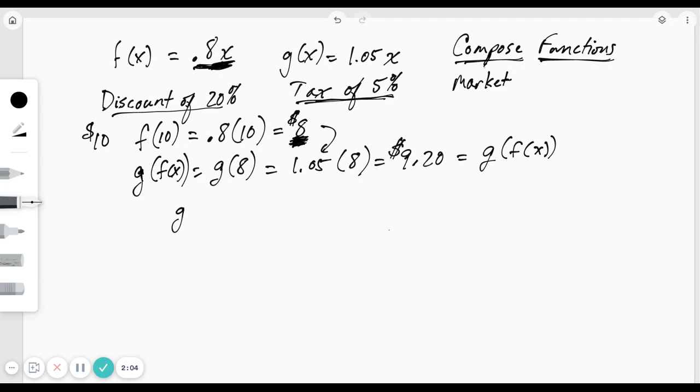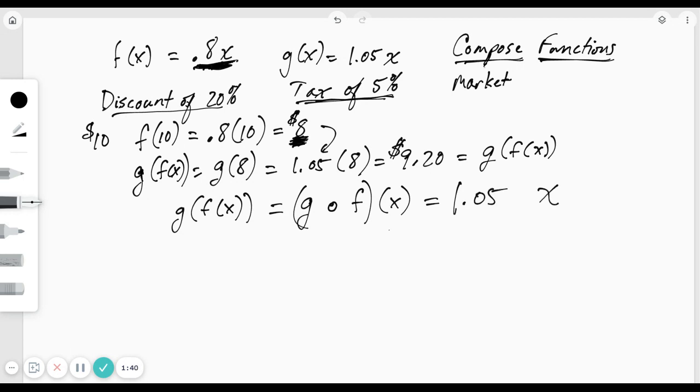So, we say G of F of X, which we also write G composed of F of X, equals, we just substitute the value of F into G. So we know that G of X is 1.05 times X. And I make that nice and big because what we're going to do is take out that X and put in what we get from F of X.